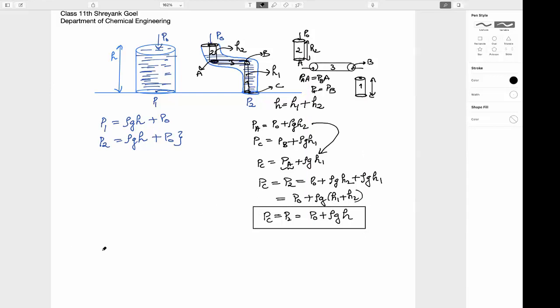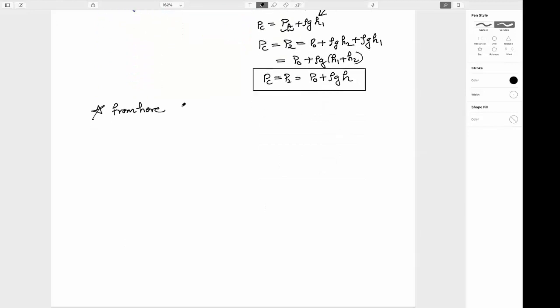From here we have seen that the pressure is independent of the shape of the vessel.